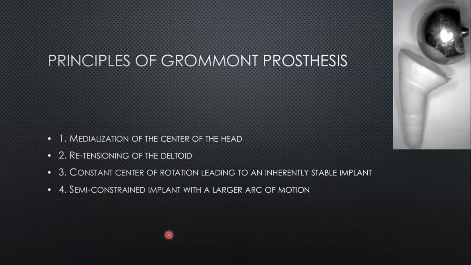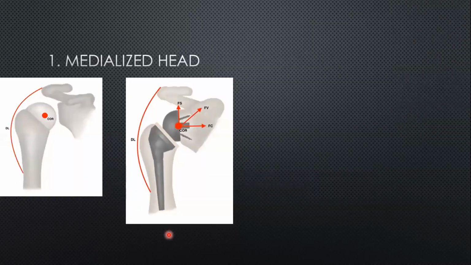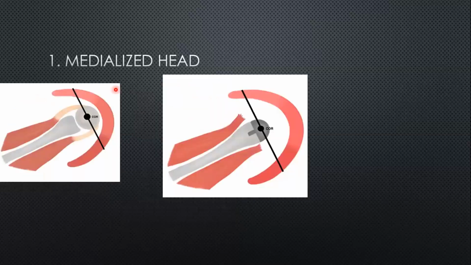It is also a semi-constrained implant, which gives us a larger arc of motion, and it helps by decreasing the shear force and converting more of the compressive force. So the resultant force vector will be shifted from this angle to this angle, which will permit the deltoid to start on the abduction. This is another concept that we've already discussed.